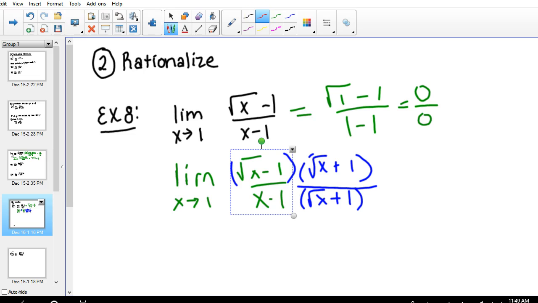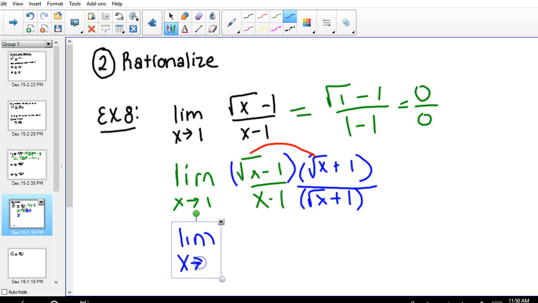Now, let me show you why that works here. So what I would do here is start distributing. What is the square root of x times the square root of x? It's just x, right? Because square roots and squares undo each other, so it's just x. So keep your limit notation, limit as x approaches 1 of, so we'll have x.